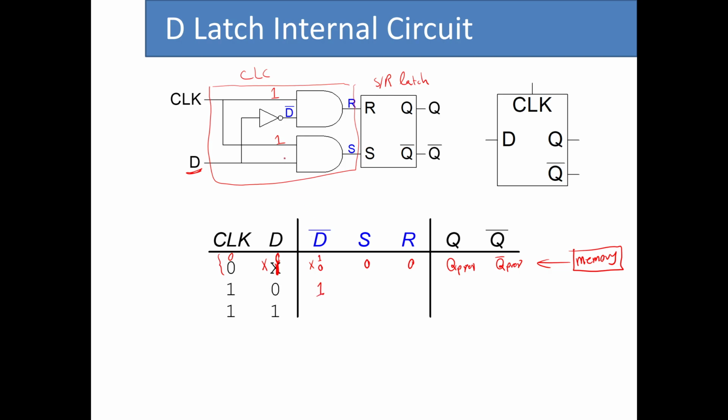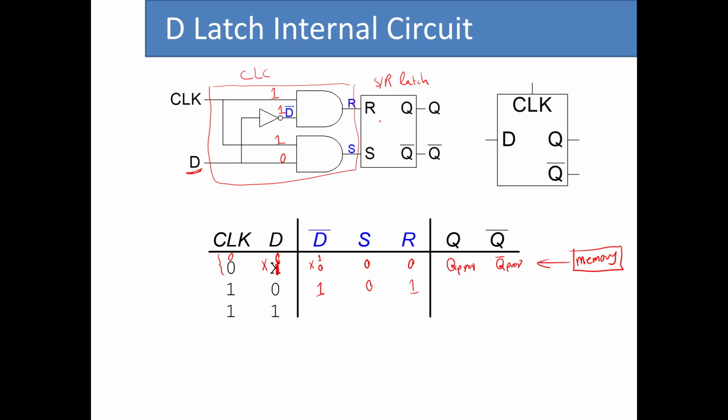So here we have 0, here we have 1. Now for the first AND gate, that is the result of ANDing clock and D bar. Both of the inputs are 1, which makes R to be 1. For the second AND gate, we have the result of ANDing 1 and 0, which makes S to be 0.